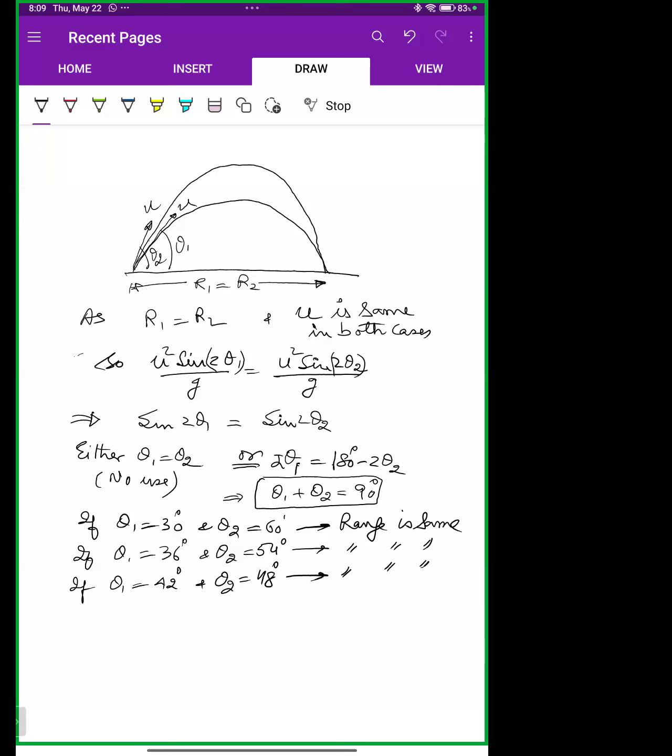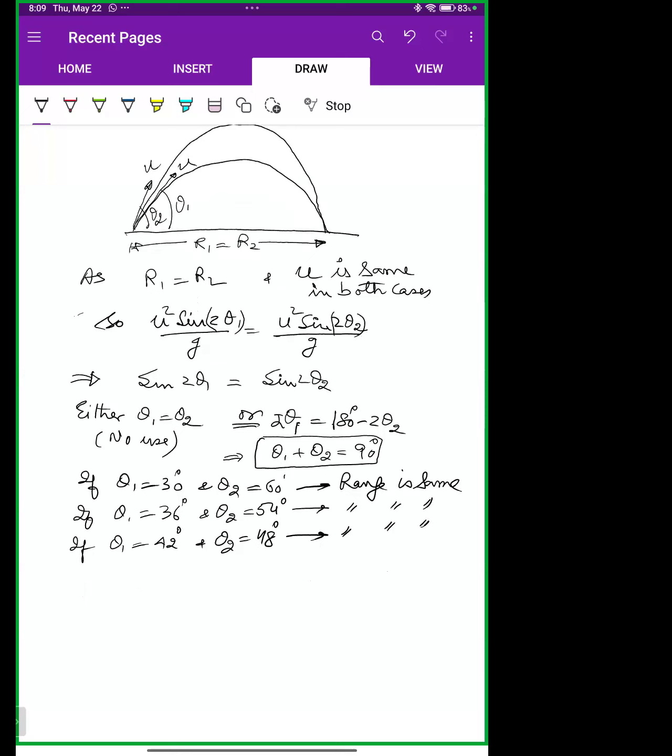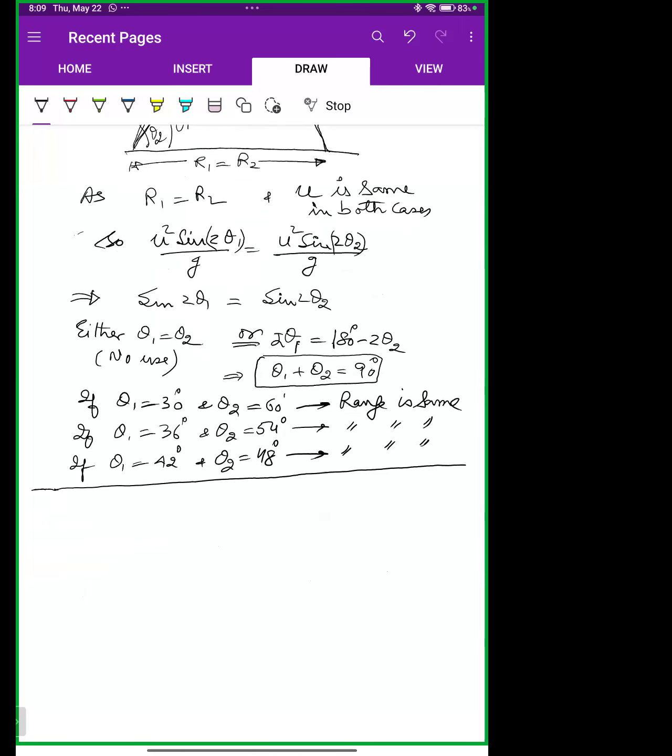So for such a combination of two angles, at both such angles you will get same range. Based on this, many questions come. You will get many questions in the exam based on this. This is just one thing. Okay. Next, in this only.